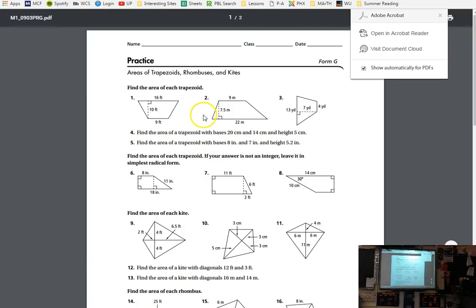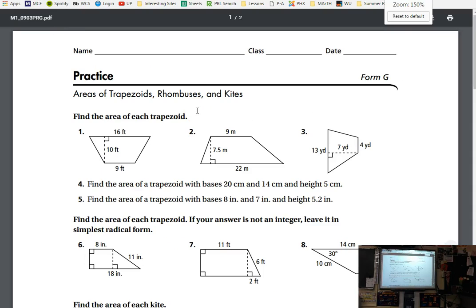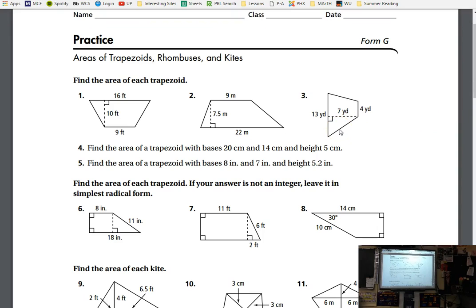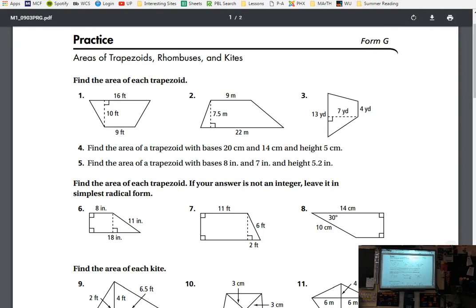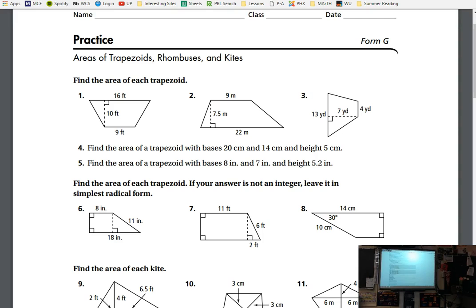9-3. You had said which question? Anything before 8. So this is actually going to utilize some special right triangle work.